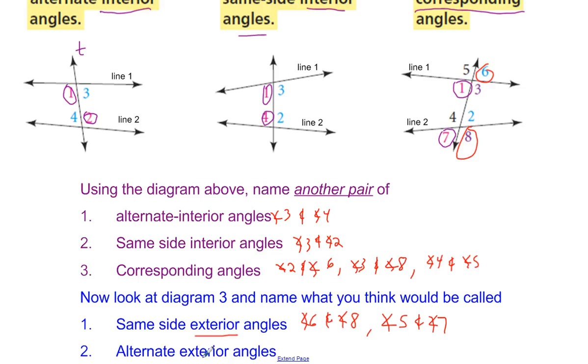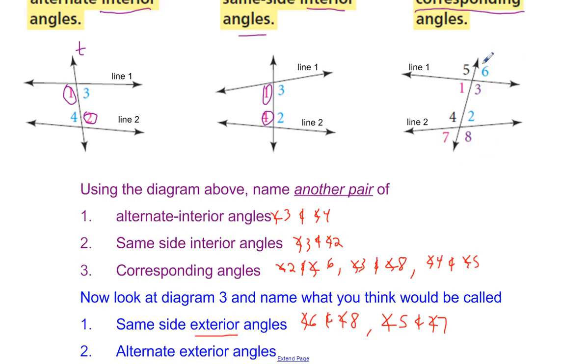How about alternate exterior angles? Alternate means on opposite sides of the transversal. Exterior means on the outside of the two lines, line 1 and 2.